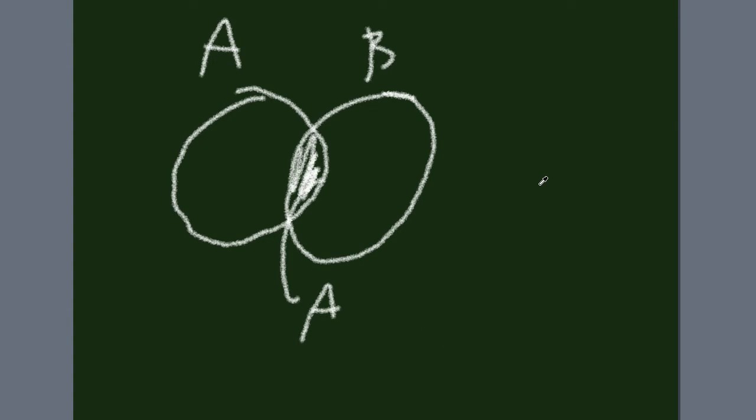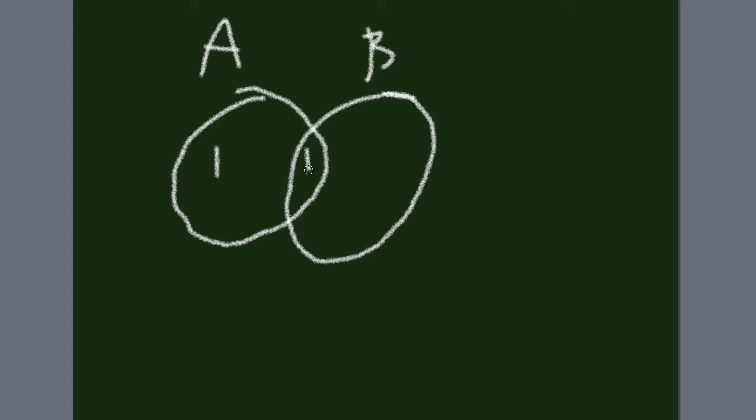So if I just erase that part, if I count the probability of A on the right hand side of the equation, that's equivalent to counting the area inside of here and also the area in here, because we're splitting up A into two pieces.